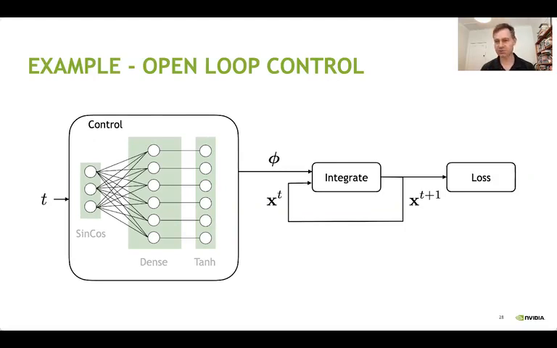The network is parameterized by time and has some sinusoidal inputs that go into just a single layer neural network. The output of the network goes into our integrator, and that takes us through a sequence of semi-implicit Euler steps to produce our final system state and then into a loss function.